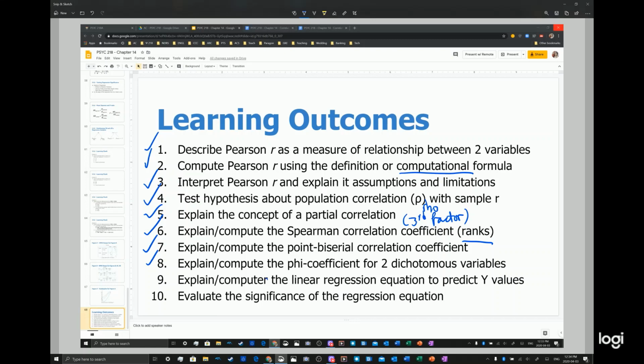Here again, we explain and compute the linear regression using our regression equation to predict y values, and then we tested the significance of our regression equation, whether we can have a non-zero slope regression for predicting the relationship between two variables.